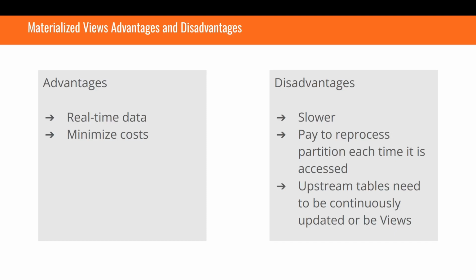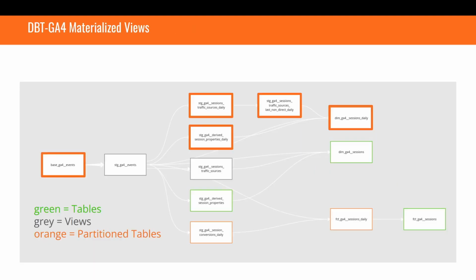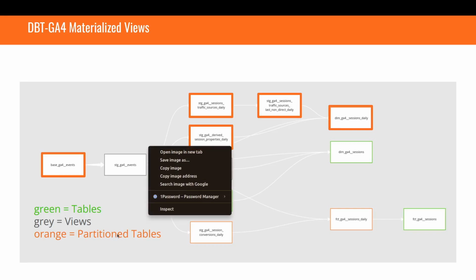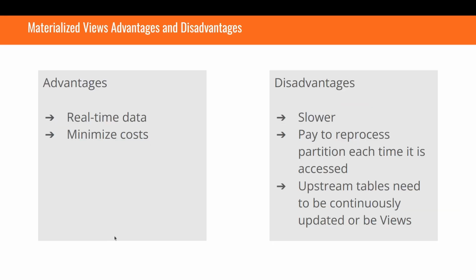So if this base GA4 events table is a partition table that got updated early in the morning and only has yesterday's data, then it doesn't matter if these tables are materialized views, because the data is bottlenecked at the base. So you need to update continuously or have a view or materialized view.